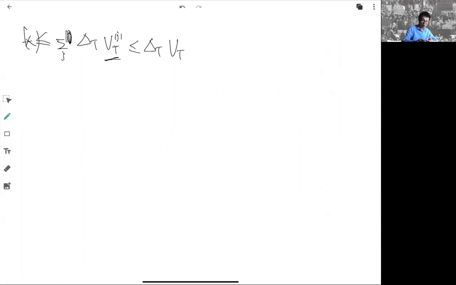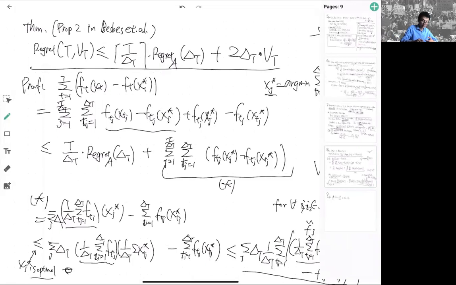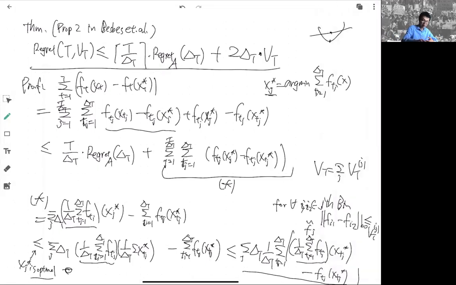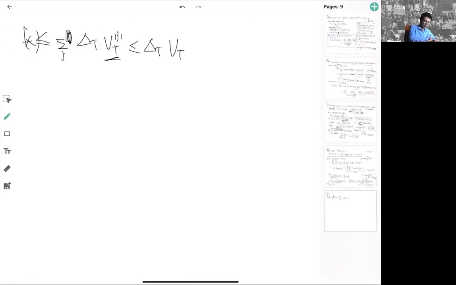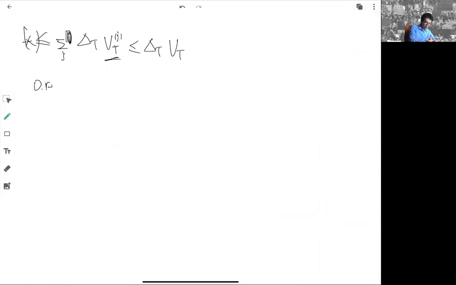Okay, so if we collect everything together, then we get that the dynamic regret bound is smaller than T over delta T times the regret of A for a sequence of length delta T, plus delta T times V_T.